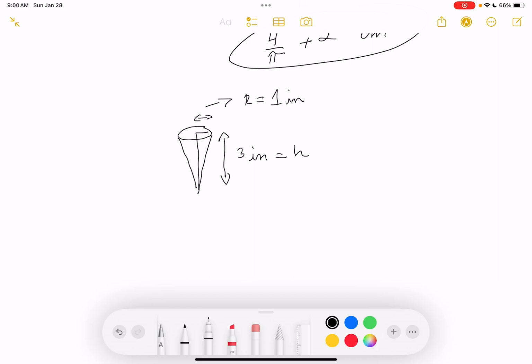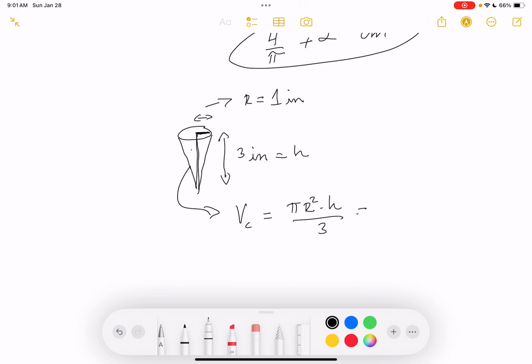Okay, so the thing about this is that you have to know the volume of a cone. The volume of this cone is pi r squared, the radius of this thing, times h over 3.